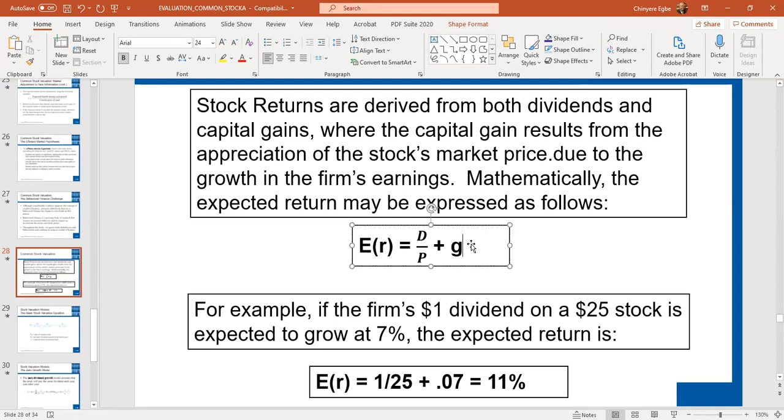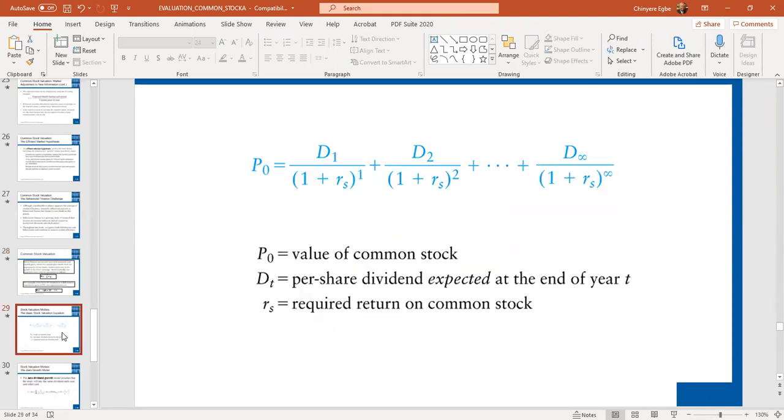So a company that has a 20% return on equity and reinvests 80% will have something like a 16% rate of growth. And we're going to calculate that in an example.